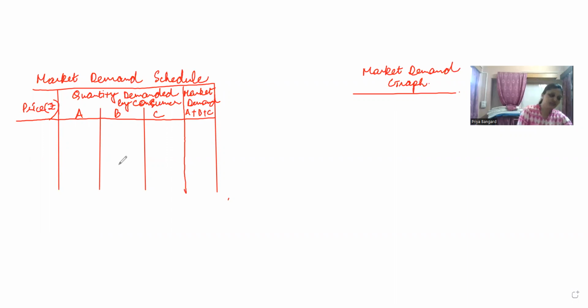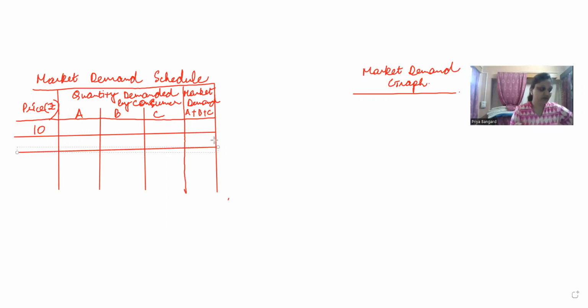So let's assume that price पहले 10 था. We will need 5 columns. इसमें शॉर्ट नोट आ जाता है, शॉर्ट नोट ऑन मार्केट डिमांड.